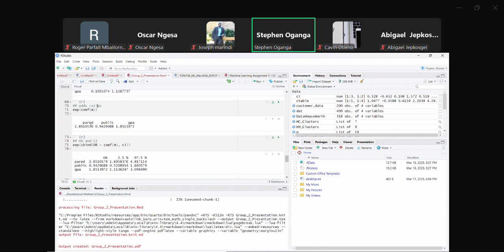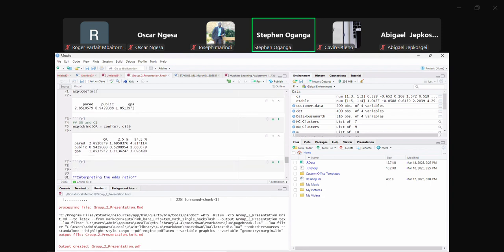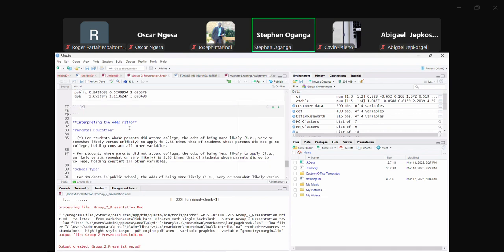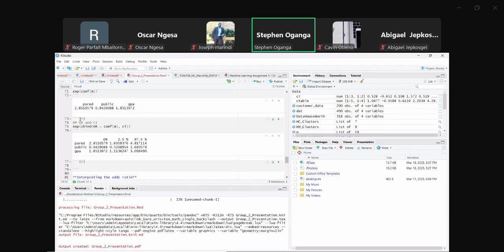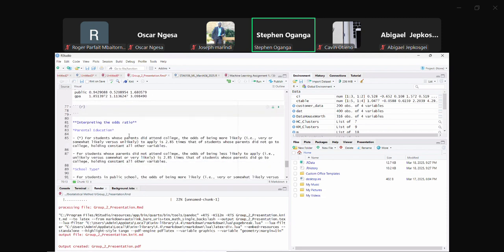From the odds ratio, for the parent, we had a value of 2.85. For public, we had a value of 0.9429. And for GPA, we had a value of 1.8513. So if we have to do an interpretation of that, under the parental education, we had a value of 2.85.